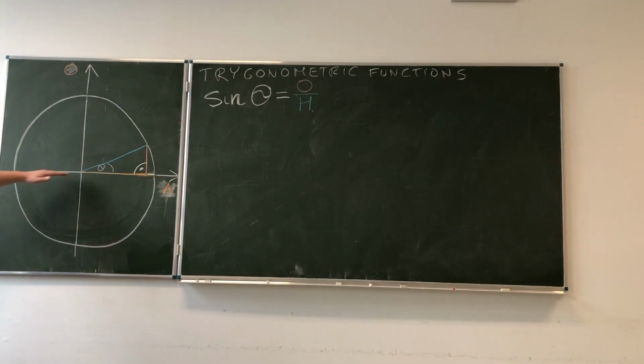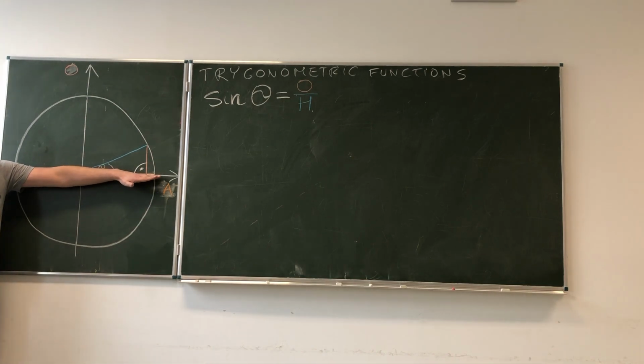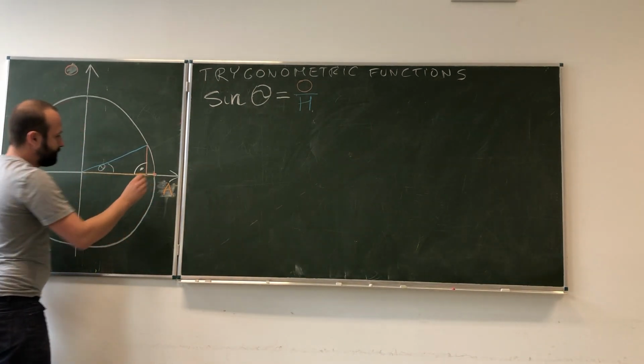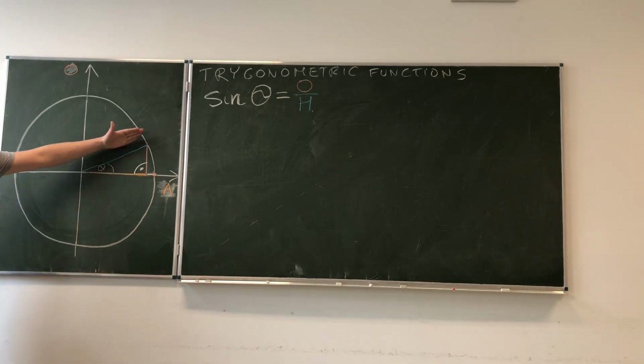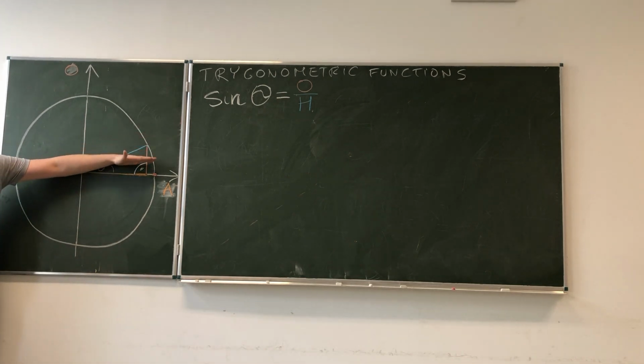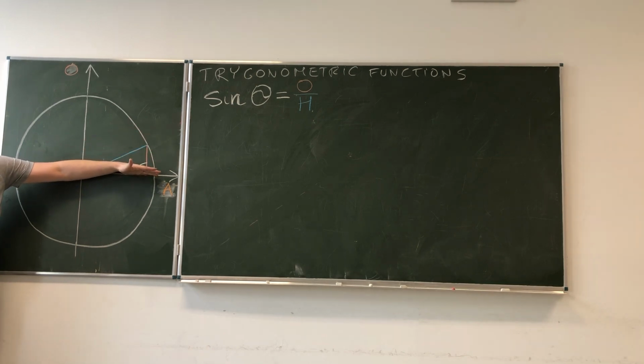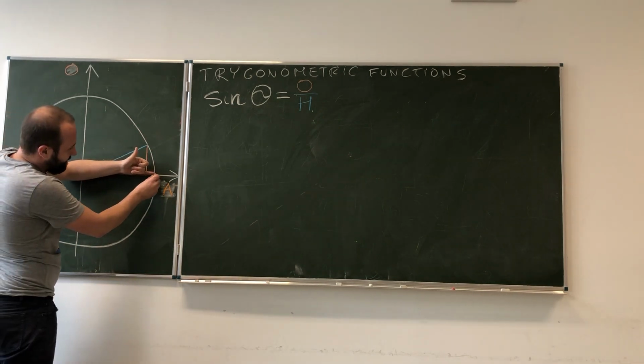Look, if we start at this position over here, imagine that this side, the hypotenuse, is going all the way down over here. So we see that opposite here is 0.